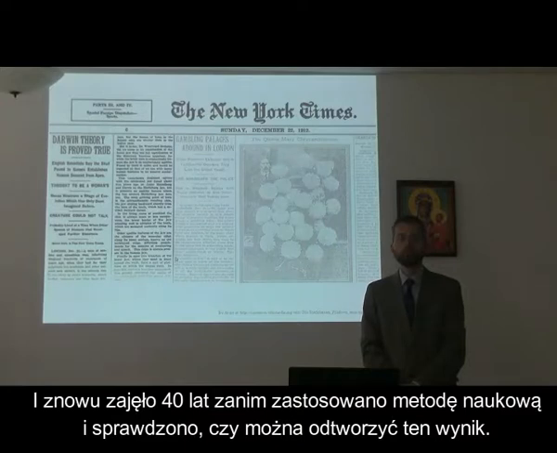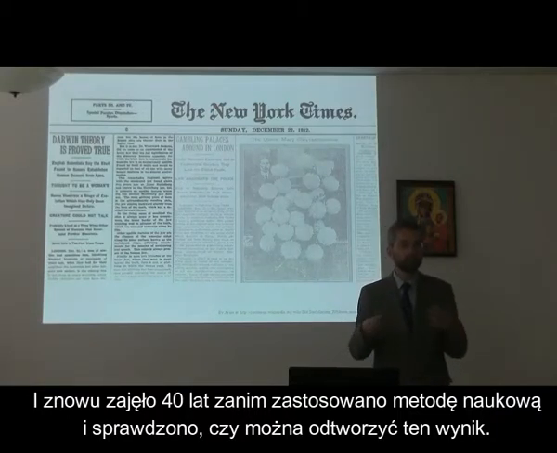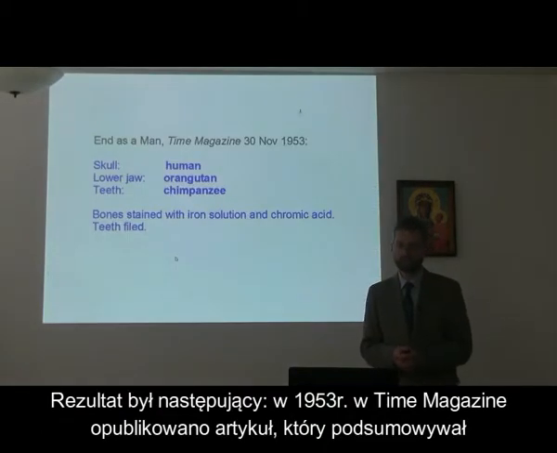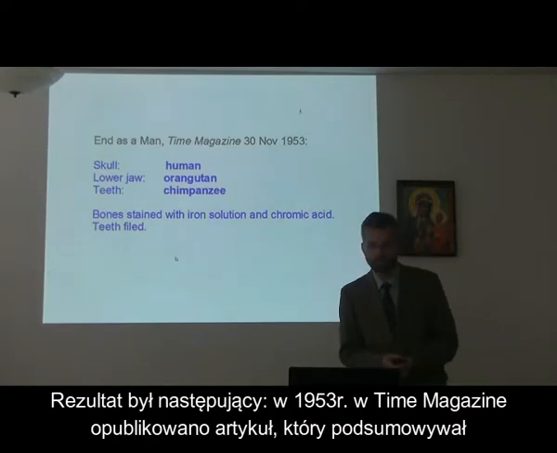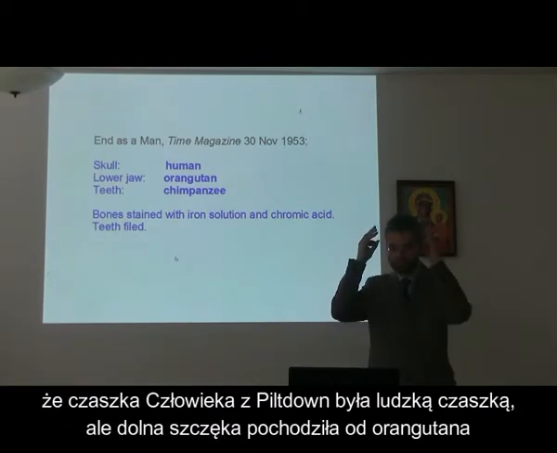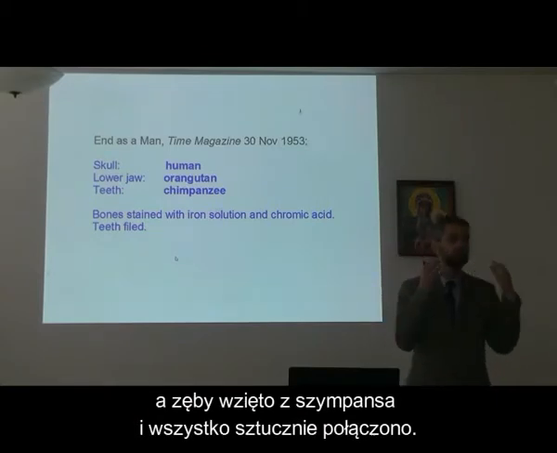Again, it took 40 years until the scientific method was applied and one checked whether one can reproduce this result. And this was the result. In Time magazine in 1953, an article was published which summarized that the skull of the Piltdown man was a human skull, but the lower jaw was from an orangutan and the teeth came from a chimpanzee.